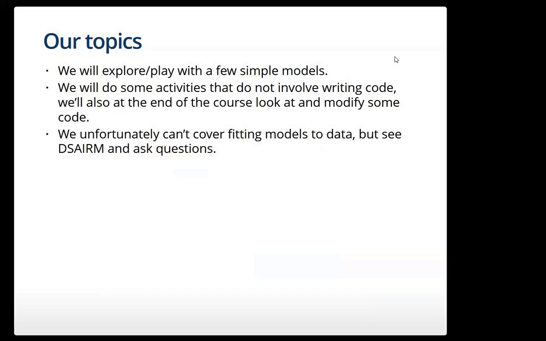We only have 2.5 days, so of course it's in no way enough time to get very deep into the modeling, nor to get very deep into the immunology. So our goal here is to give you an overview and introduction, and hopefully set you up with the tools and pointers so that you can keep learning on your own. On the modeling side, we'll play with a few simple models. Most of it will use that R package that I wrote.